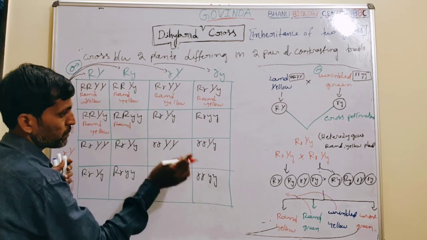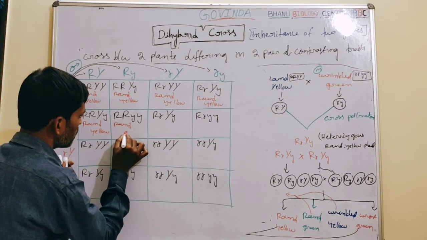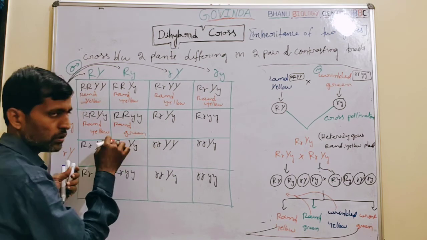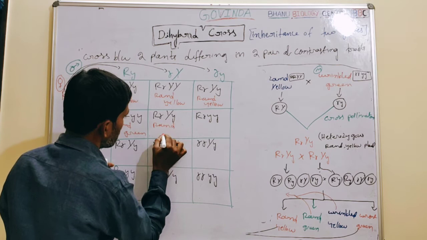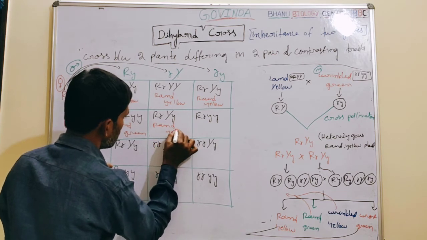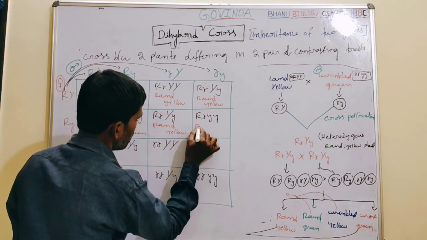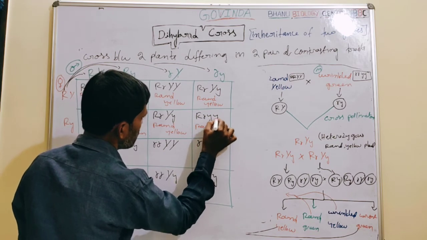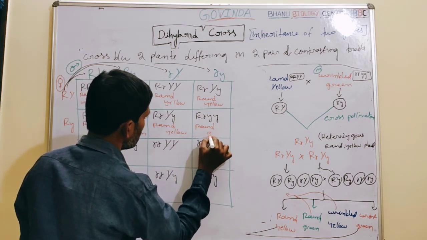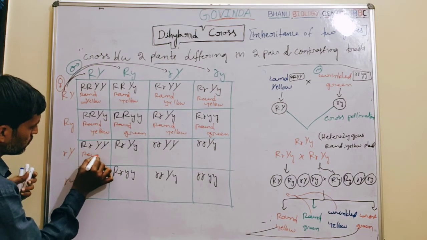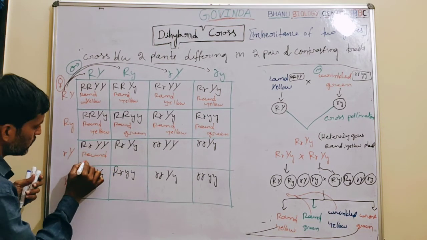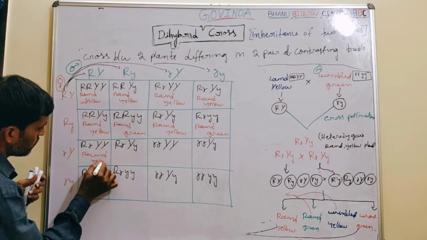So this recessive represents the green color, round green color. Here round, so capital Y is there, so yellow. So here capital R, round, small y are there, then again green. So here round, capital Y, so yellow.